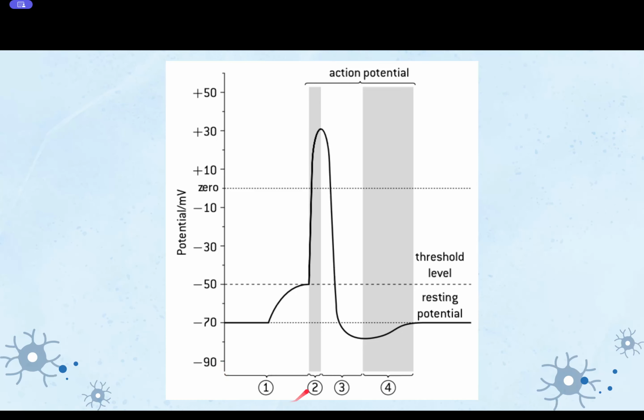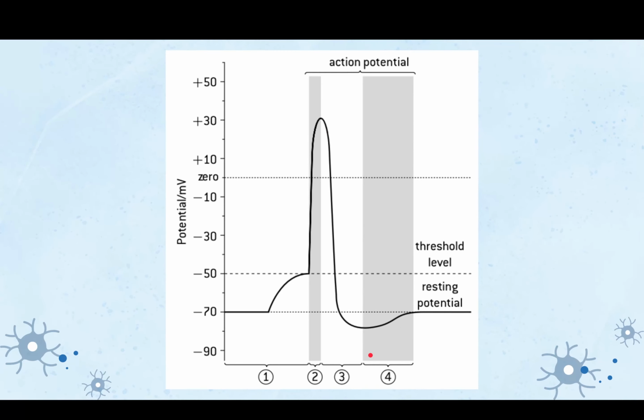Number 2 was depolarization. Yes, 2 is depolarization. So 1 is resting potential, and from resting potential to a slight increase in the potential, 2 is depolarization. 3 is repolarization. And then 4 is when it returns back to the resting potential due to the pumping of sodium ions out and potassium ions back in.